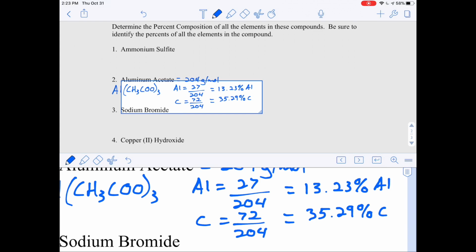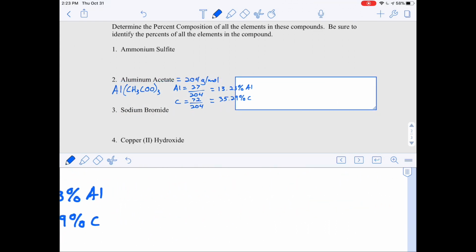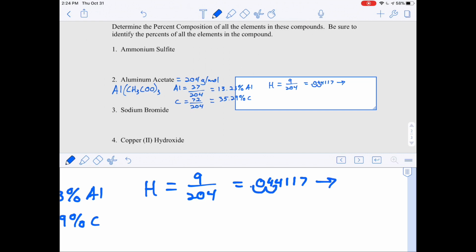For hydrogen, you've got 3 of them times 3, so you've got 9. So for hydrogen, it's going to be 9 over 204. When you calculate this out, it's 0.044117. Remember that to move this to a percentage, we move the decimal 2 places. So it's 4.41%.